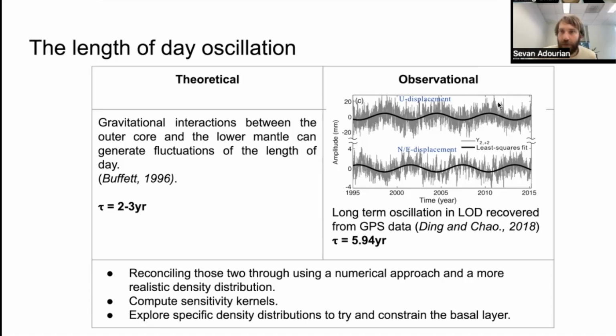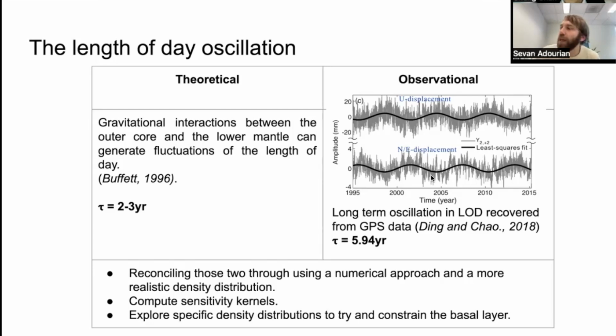So what you're saying is the 6 years is a data point that doesn't change, and you're trying to fit this to your simulation of the internal mantle and core interaction.